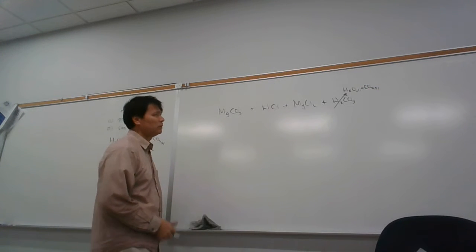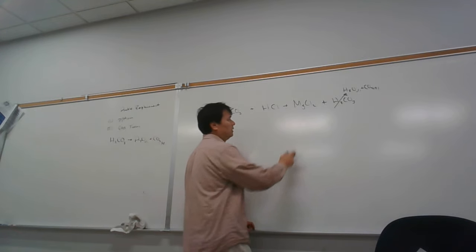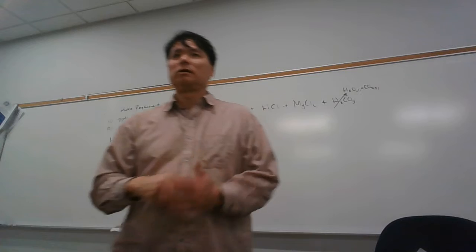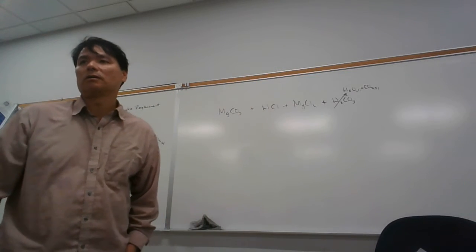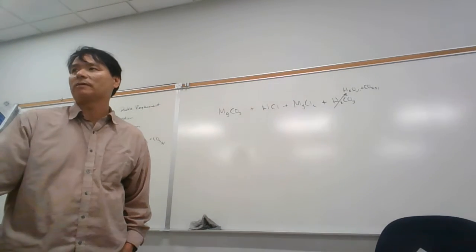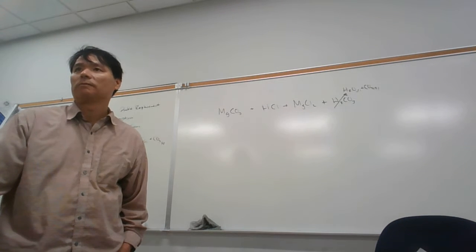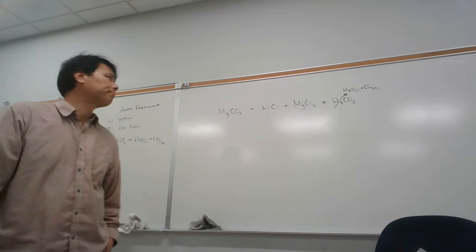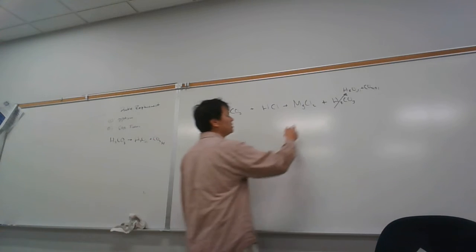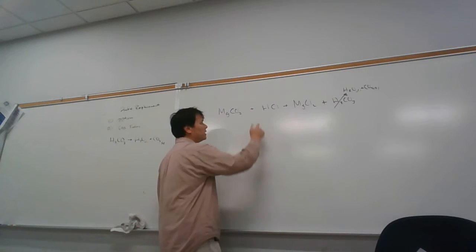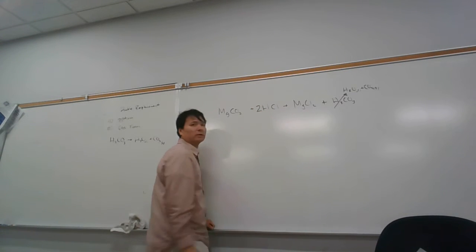So in this case, we don't form any precipitate. Here, chlorides, bromides, and iodides are all soluble except for a few exceptions. This is not one of the exceptions, so this is aqueous. So there's no precipitate here, but we still have a reaction because we formed a gas.